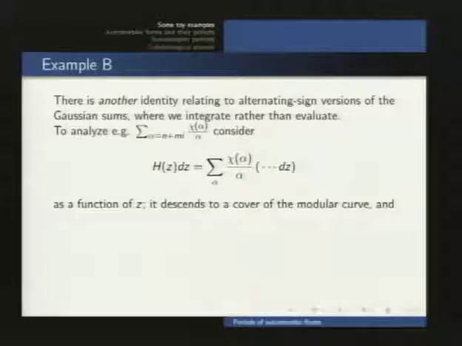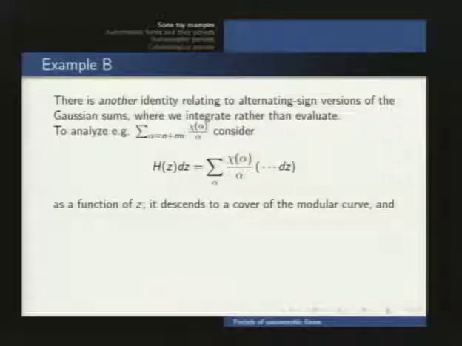Remember, this is a sum over odd Gaussian integers of these phases that are either 1, minus 1, i, or minus i in some alternating way. There's more than one way to evaluate this, but one way is to compute it as an integral of something over the modular curve rather than as an evaluation.